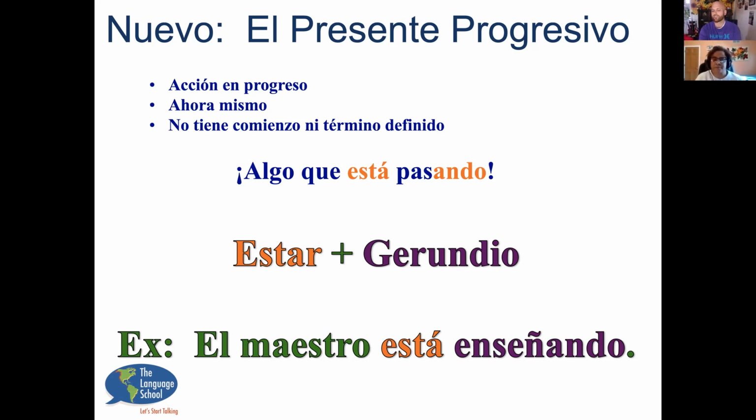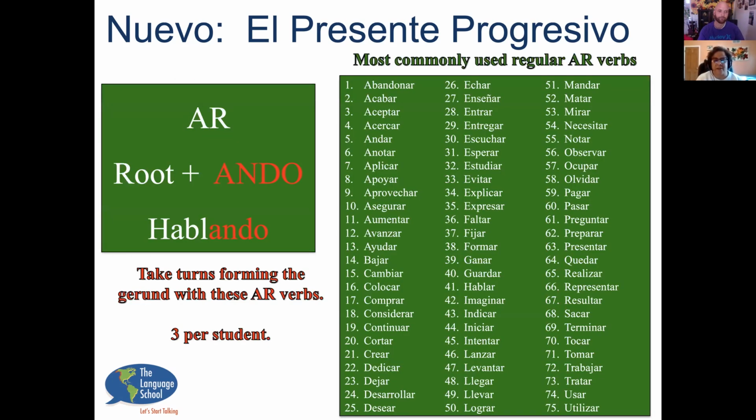It can also refer to events that take place over a long period of time. In English, I'd say I'm reading a good book right now, not literally in this particular moment, but it's an ongoing activity in my life.